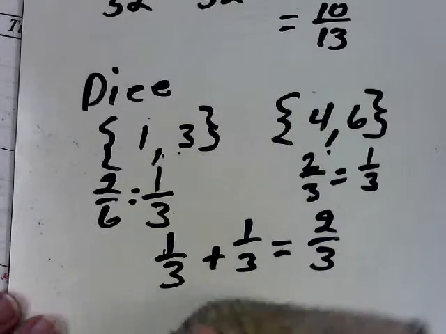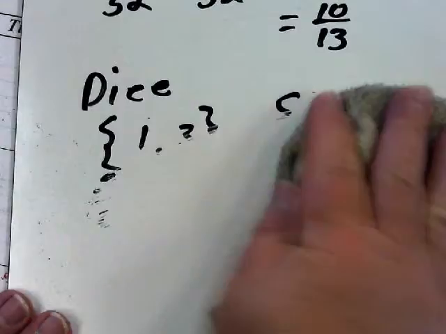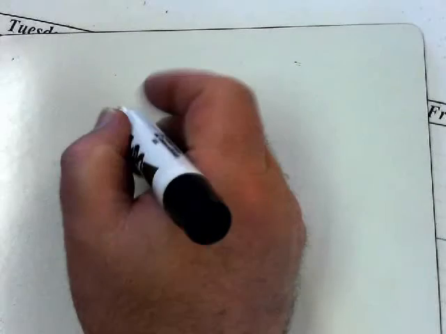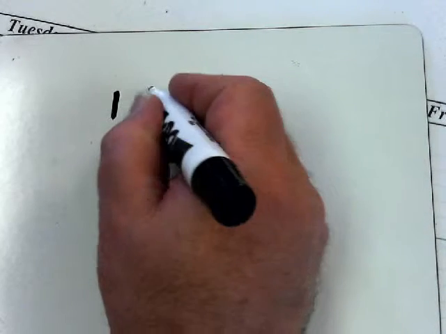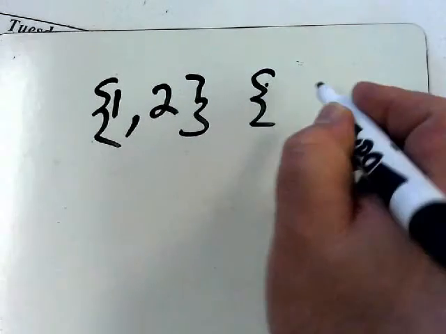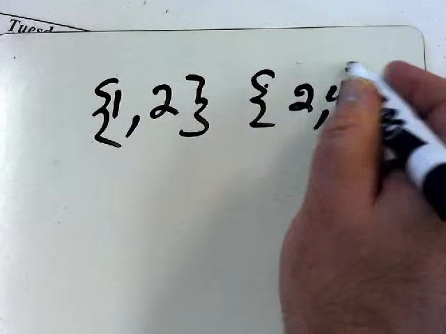A dice is another way of looking at some that are non-mutually exclusive, because let's say that I tossed a die and I wanted a 1 and a 2, and over here I wanted a 2 and a 4.